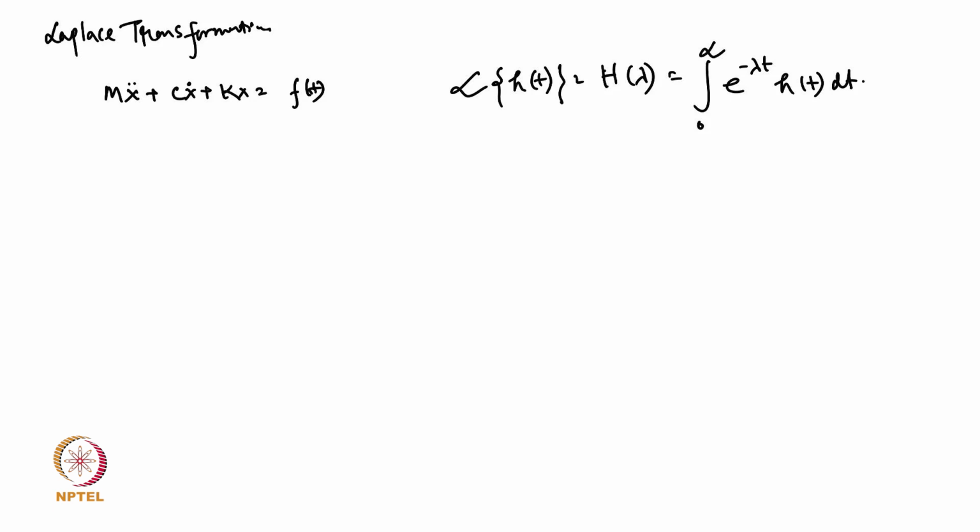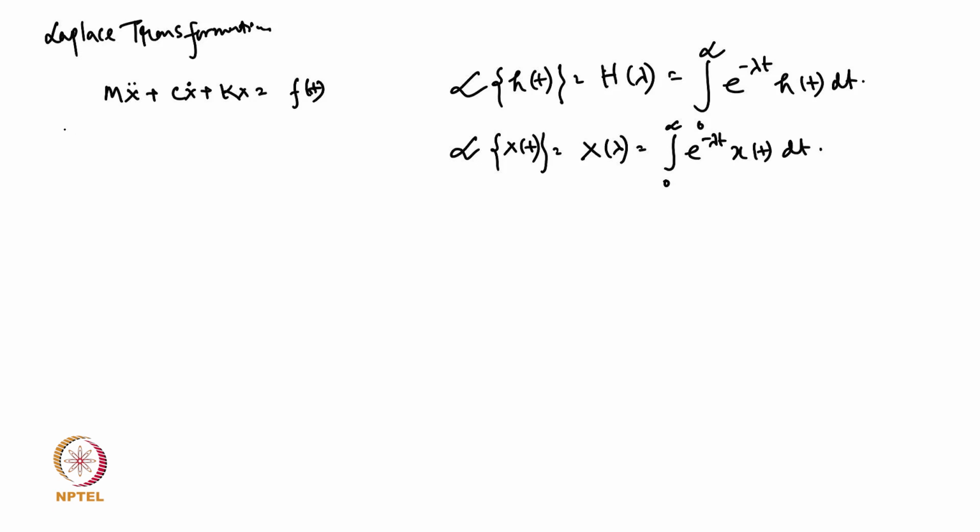Now let's think about applying this Laplace transformation to the equation of motion, and how this equation can be converted. First, Laplace of x of t can be written as x of lambda, which is nothing but the integral from 0 to infinity of e to the power of minus lambda t x of t dt.